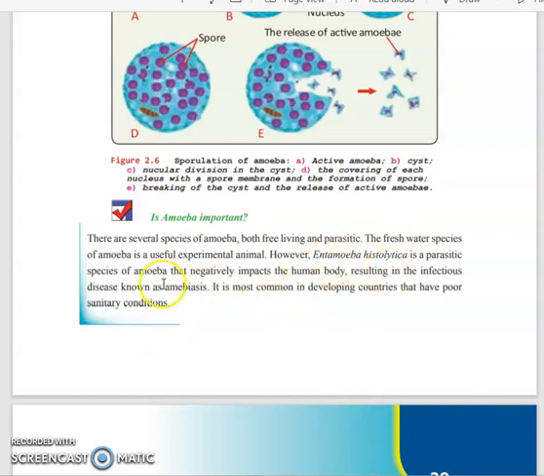The disease is amoebiasis, and the parasite is Entamoeba histolytica, which is obviously an amoeba. It is most common in developing countries that have poor sanitary conditions.